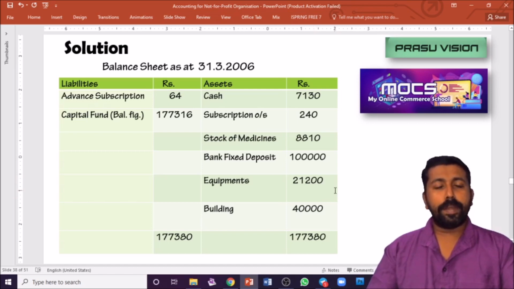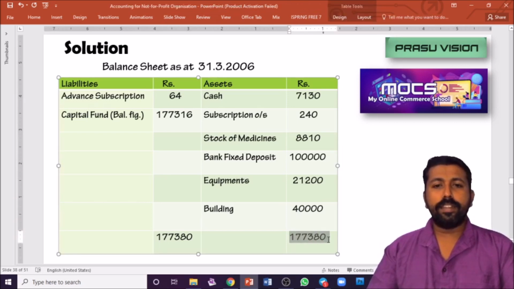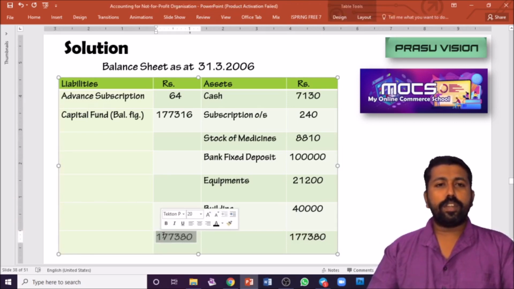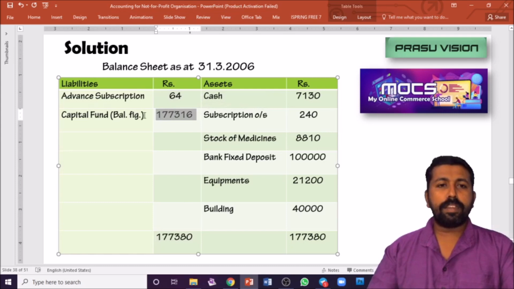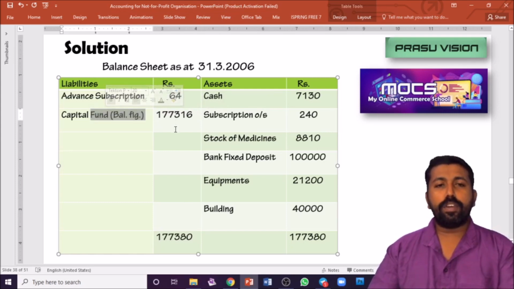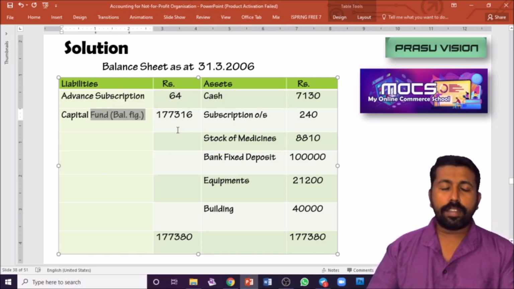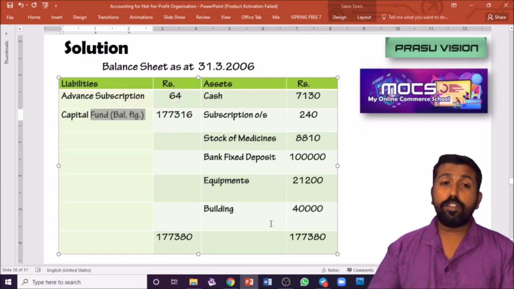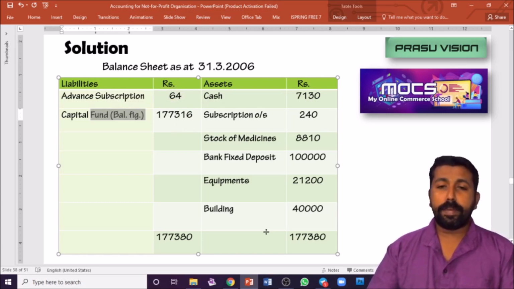Equipment opening value, building opening value. We are finding the total of this side, and also the total of the other side, and only one item is there in the liability side, 64, and we are deducting that 64 from the total. We will get the balance. This is the balancing figure. Capital fund for the opening year will be 1,77,360.